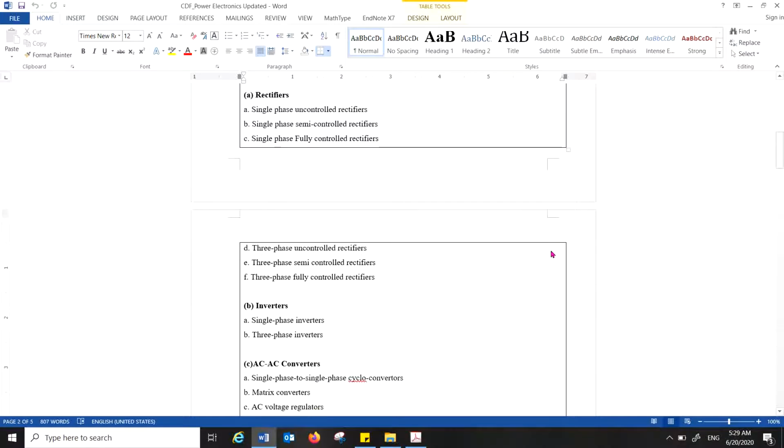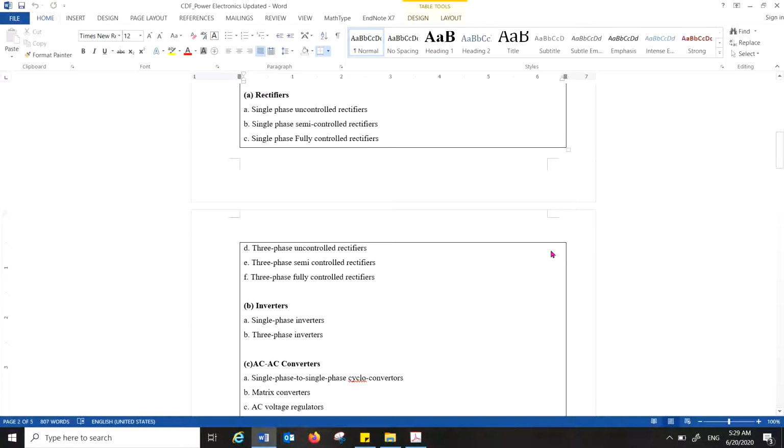After that, we discussed the inverters, single-phase inverters, and their types: single-phase current source inverters and voltage source inverters.